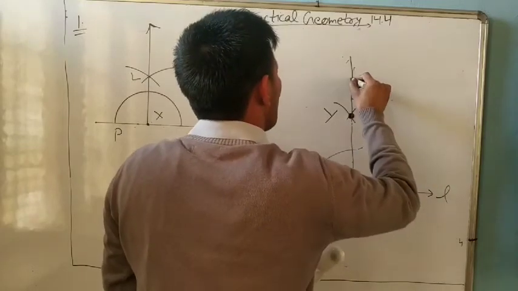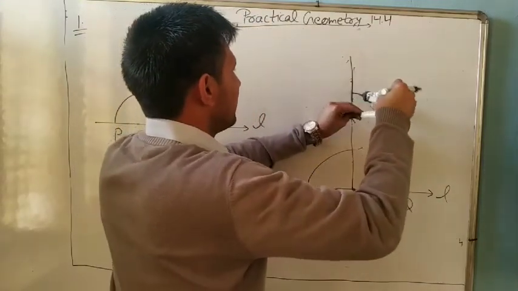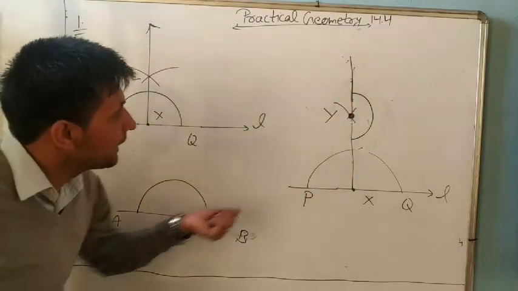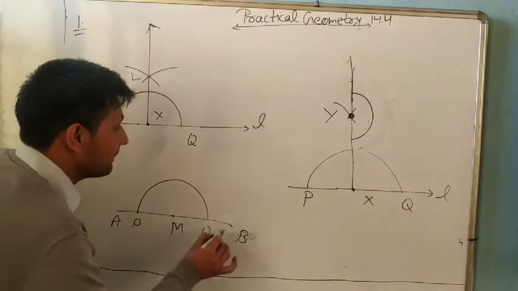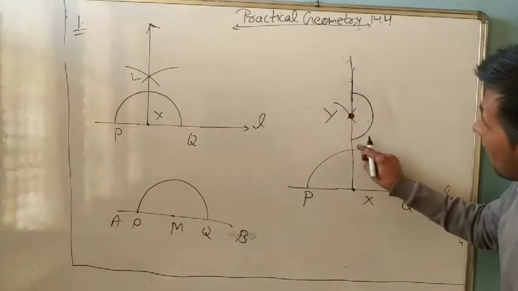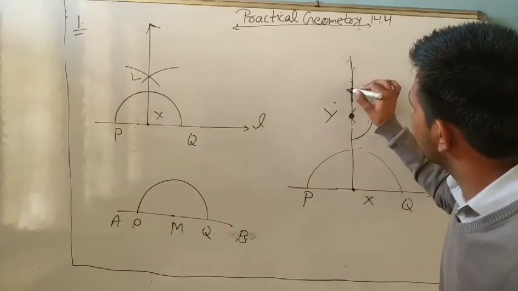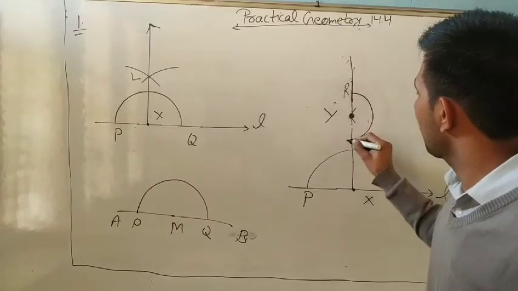When we draw this arc, it also cuts at 2 points, which we will name R and S.